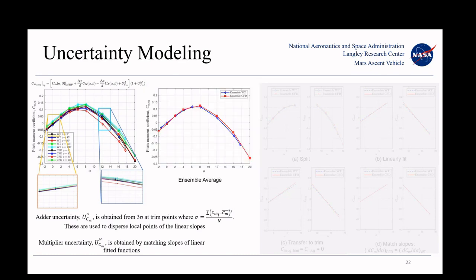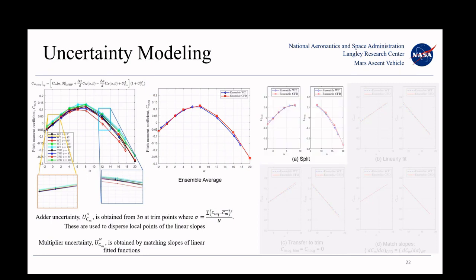As you can see, we can move forward with taking an ensemble average of all the CFD data and an ensemble average of all the wind tunnel data. They do agree pretty well at these Mach 5, like I said, because of the pressure dominant flow field.